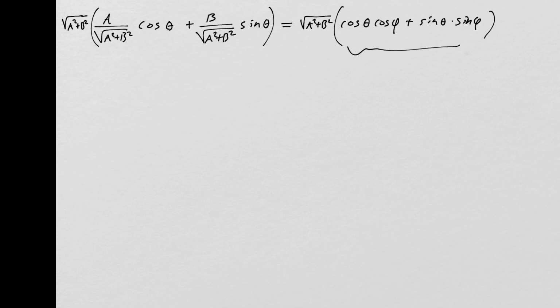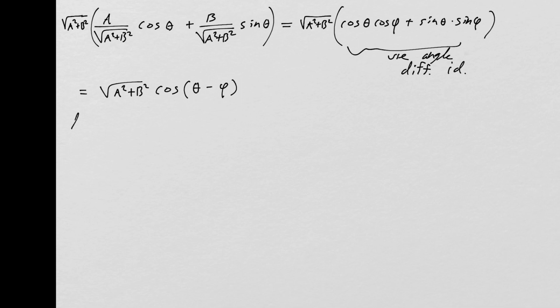Right, and here we can use the angle difference identity to get square root of a squared plus b squared times cosine of theta minus phi. All right.